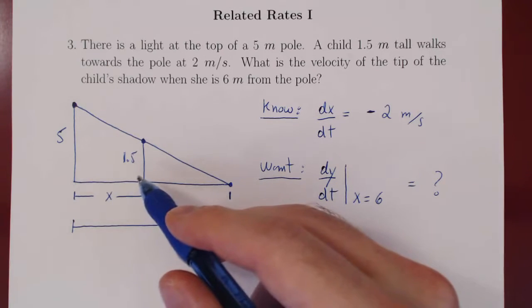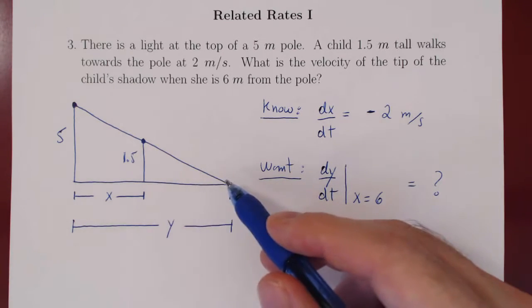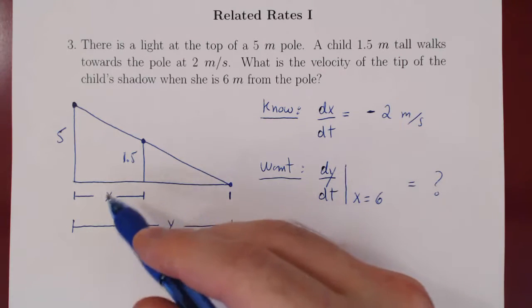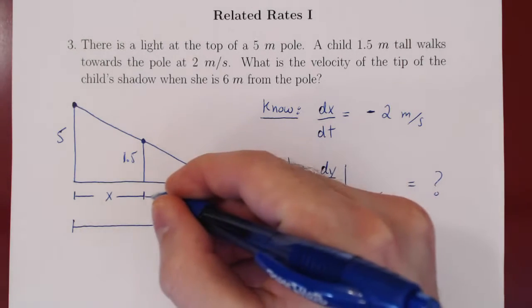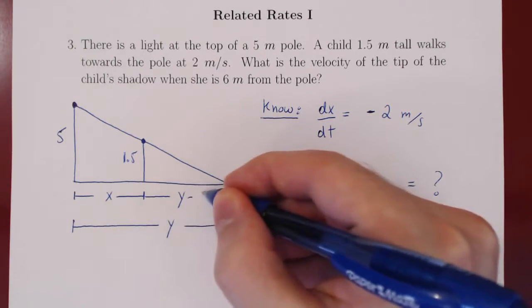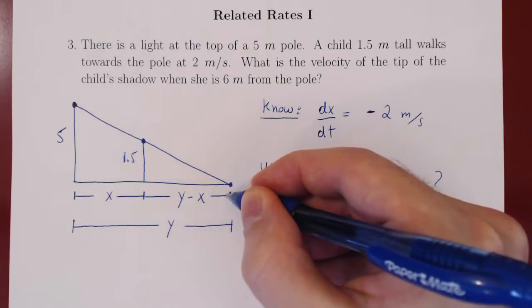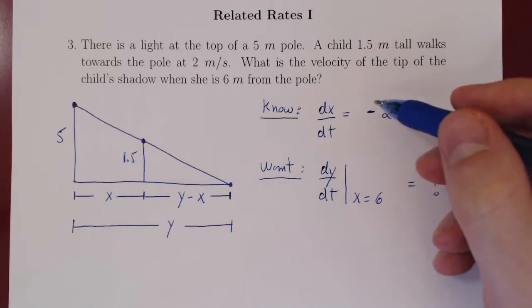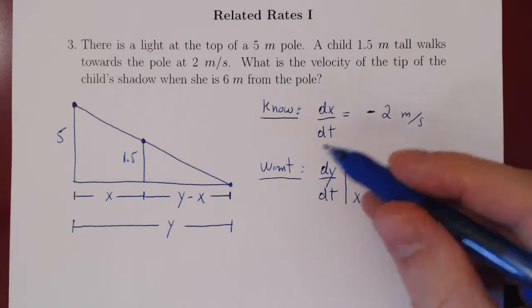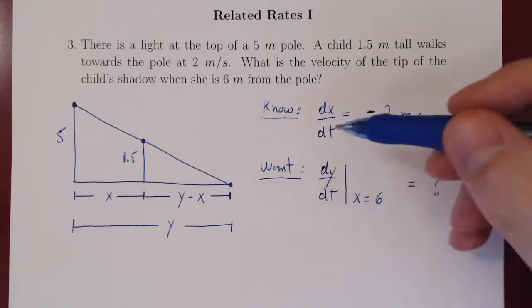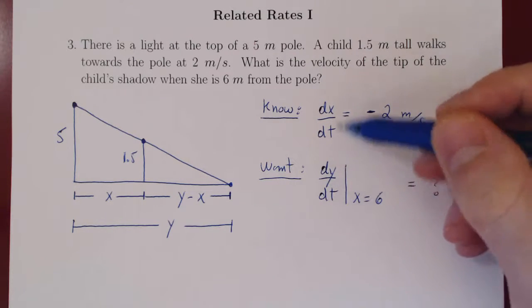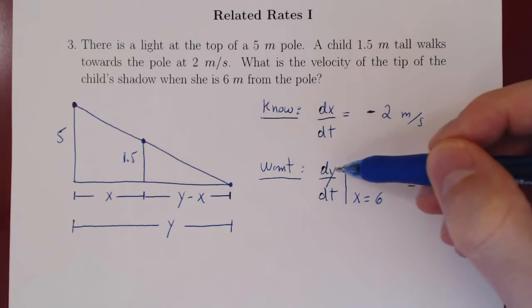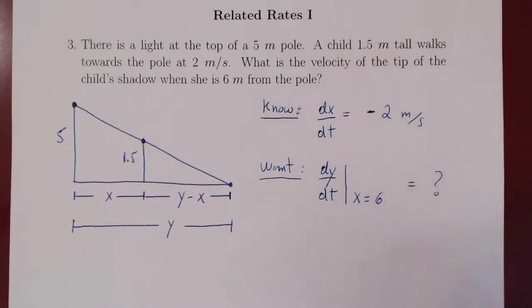If the short segment here has length x, this must be y minus x. And now we have our picture. We know this rate of change, we want this rate of change, and of course, if we want this rate of change knowing this one, we have to relate y with x.